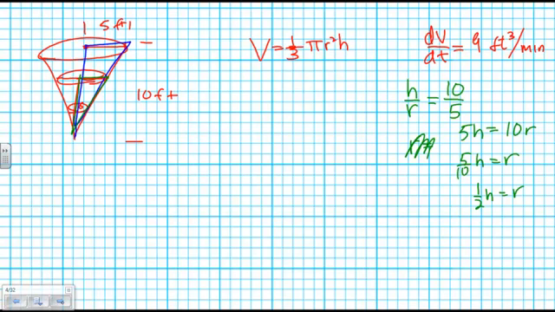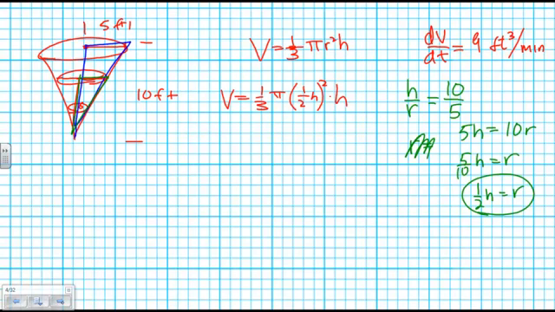Now this makes something very interesting. This also means that every place I see r, I can replace it with 1/2 h. Before we take the derivative step, perhaps it would be wise to change that r into 1/2 h, so that when we take the derivative, we're only taking it with one variable.